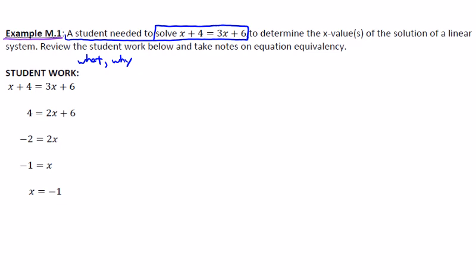We are also told why the student is doing this. That is to determine the x value or x values of the solution of a linear system. And I will underline this part of the sentence in a different color.